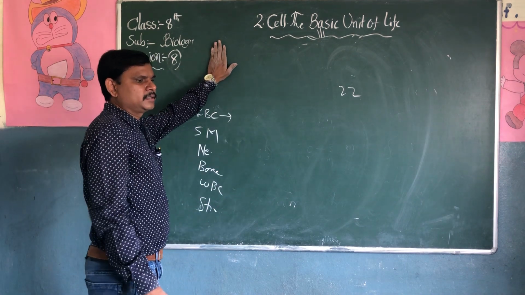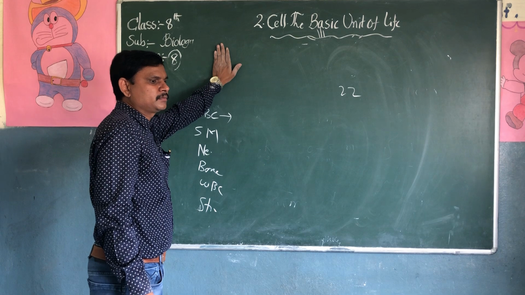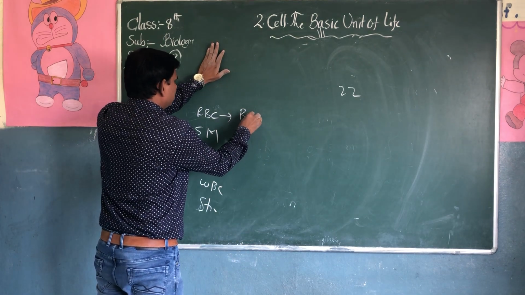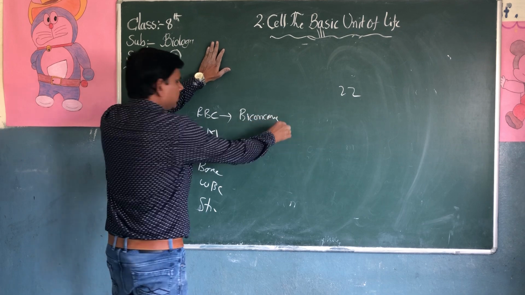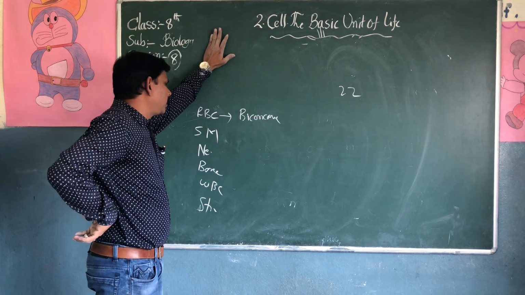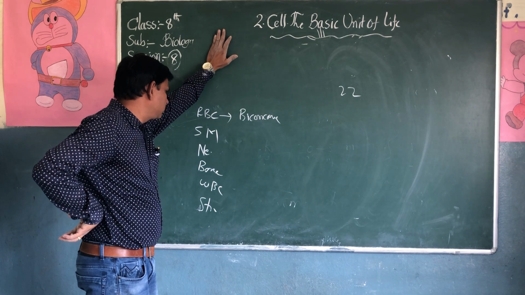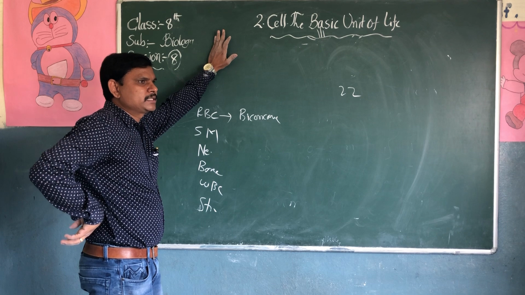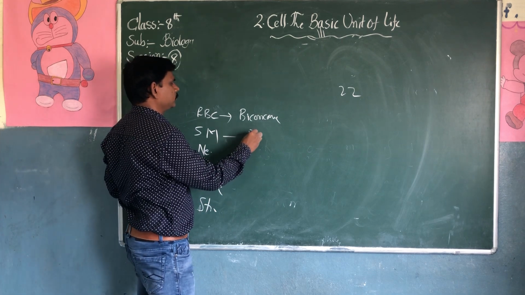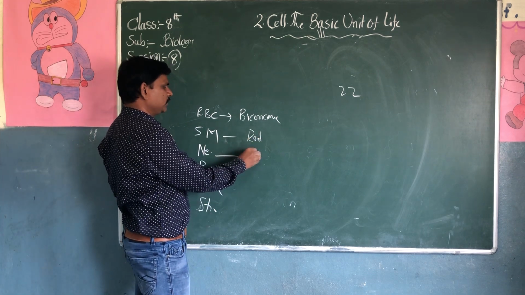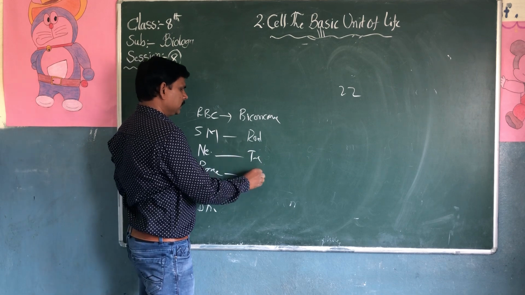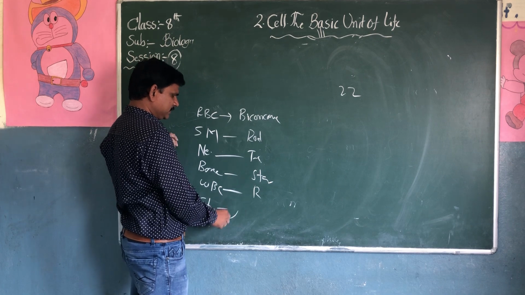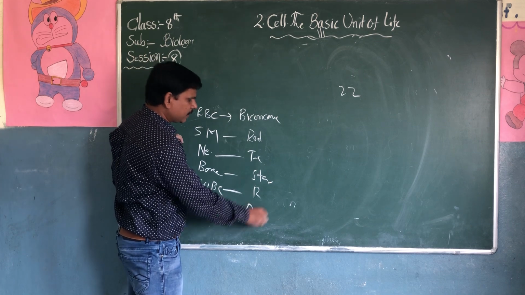What is the shape of the RBC? It is biconcave. RBC is biconcave. Smooth muscle is rod shape. Nerve cell is tree shape, bone is star shape, WBC is round, striated muscle is rectangular shape.